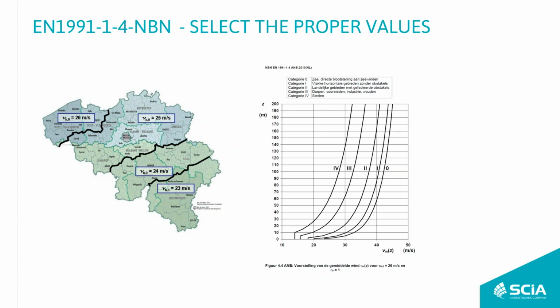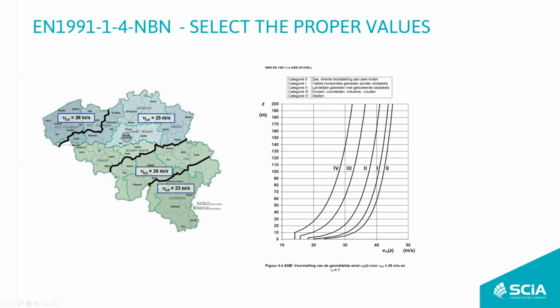So let's imagine that we are designing the freestanding wall and also the steel hull in the city of Hasselt. Here you can see that Hasselt is in the area where the basic wind velocity is 25 meters per second.